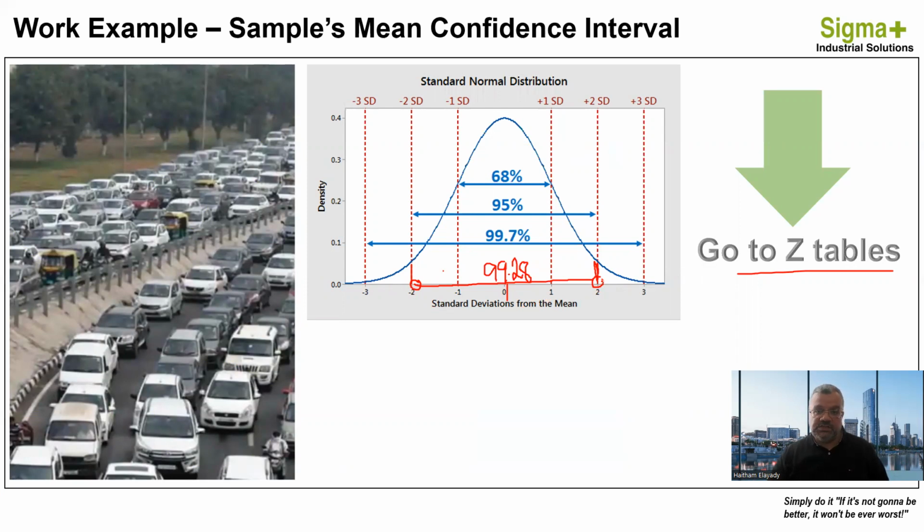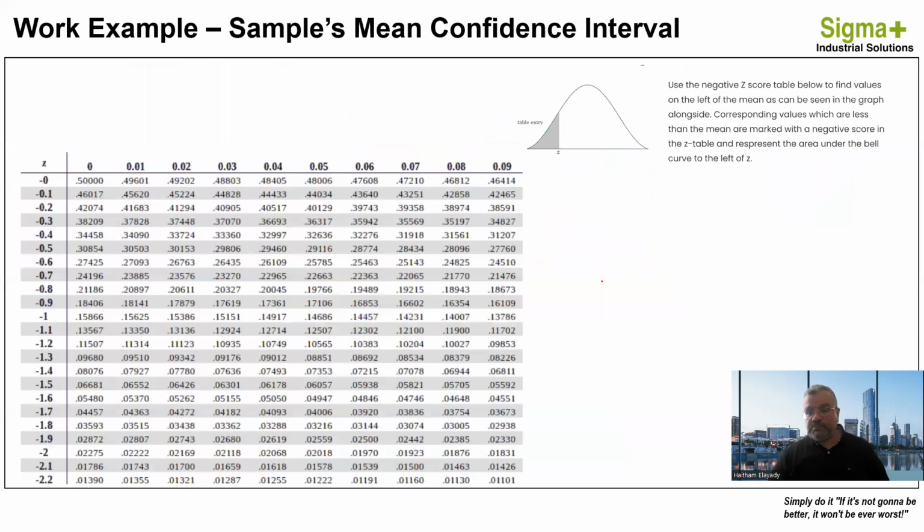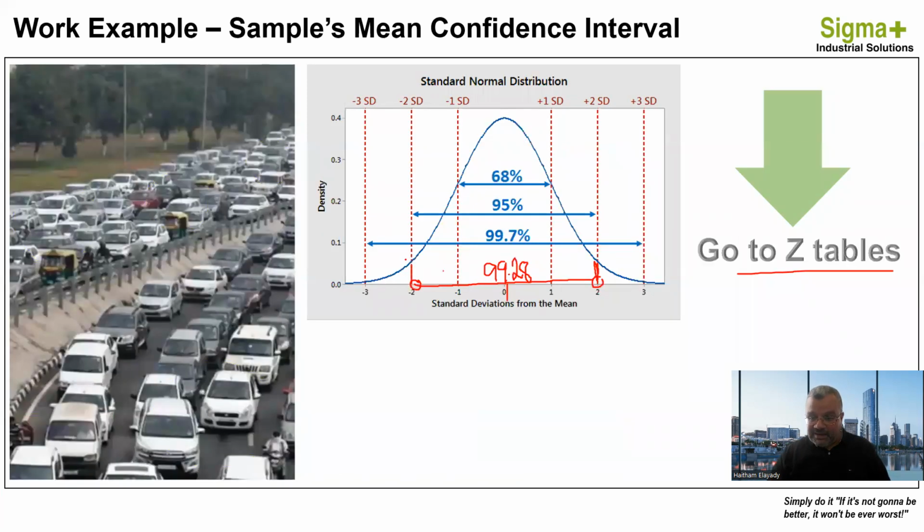But let's go to the z-table and see how we can find the real value of the z-score. For the first area that we are going to look at, we have taken a confidence level of 95%, right?